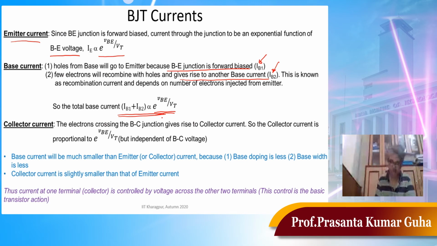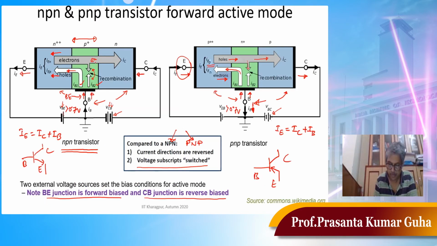What about the collector current? You see, the collector current also depends on the base emitter voltage. Why? Because the collector current depends on how many carriers manage to come to the base from the emitter, since almost that number of electrons or holes will be able to cross the junction.